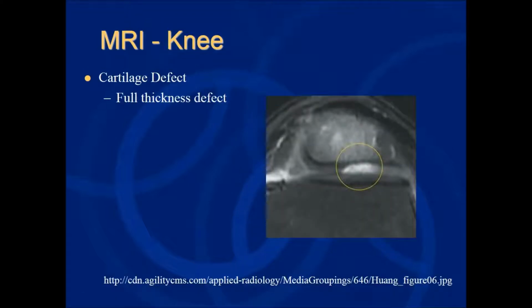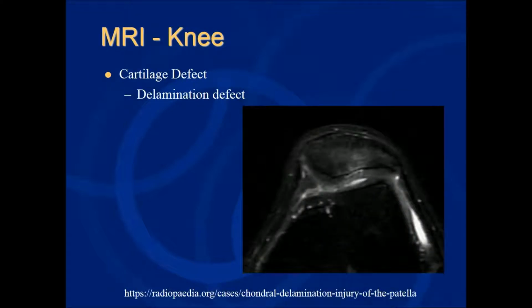Here's a full thickness defect of the patellar cartilage. You can see that the black line that remains is the patellar cortex. Here's what's known as a delamination defect. You can see here that there is preservation of cartilage thickness, but there is a line of fluid in between the cartilage and the cortex of the patella.